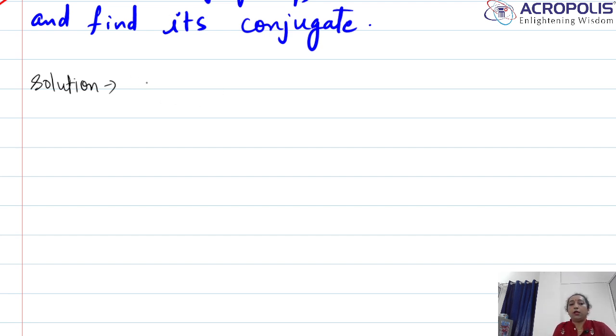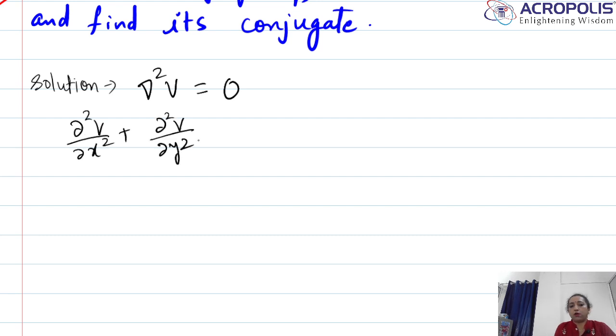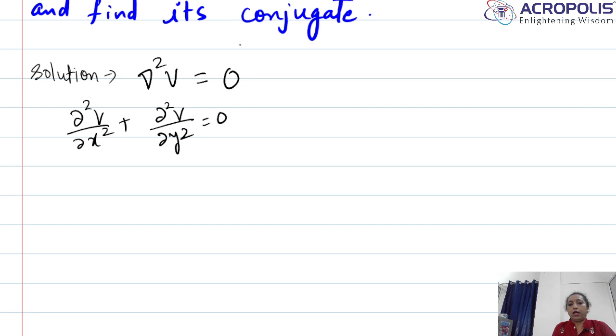So v should be harmonic if it satisfies the Laplace differential equation, that is del 2 v by del x square plus del 2 v by del y square is equal to 0. So first we have to differentiate v with respect to x, and then we have to differentiate v with respect to y.